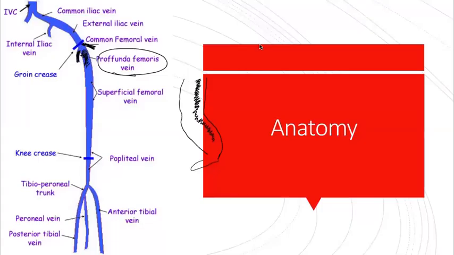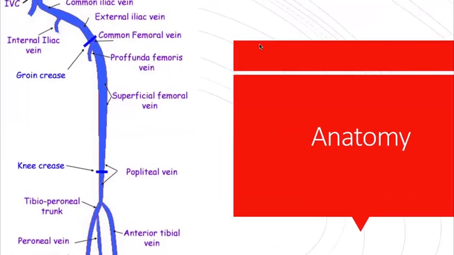Okay, so if you guys haven't seen Hunter's canal, you should look it up. But at about this area here, somewhere above the knee level, will be the Hunter's canal or the adductor hiatus.